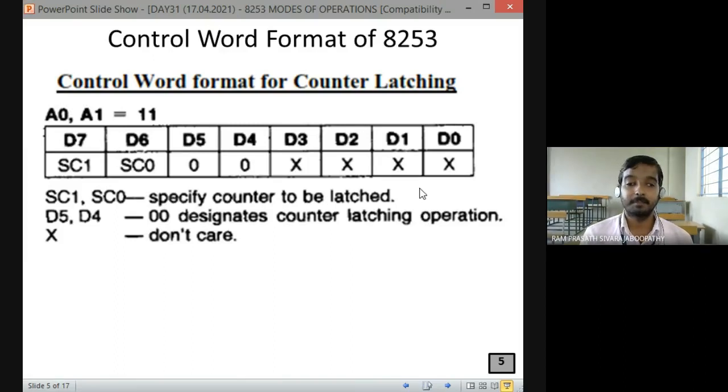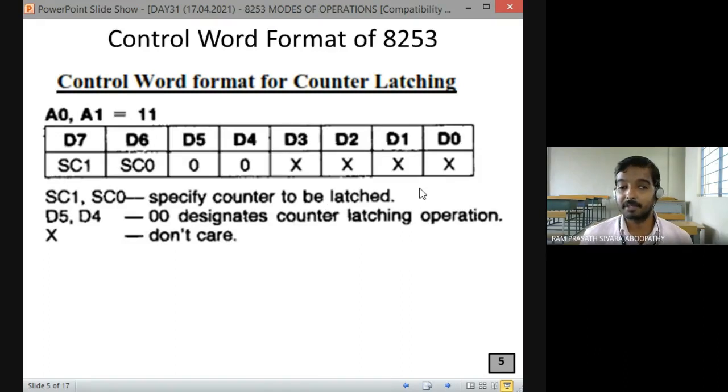There will be a 16-bit latch. When you issue this command, the count value of the selected counter at that point of time is copied into the latch. Later you can read the value. Is it clear to everyone?